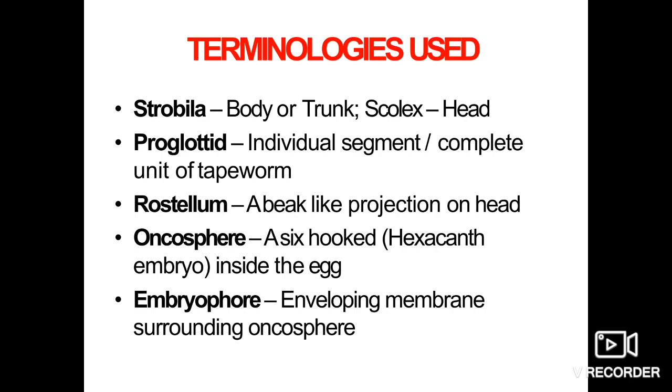Proglottids are segments and carry eggs in the case of tapeworm. Rostellum defines a beak-like projection on the head. Oncosphere defines the embryo, and embryophore is the enveloping membrane surrounding the oncosphere.